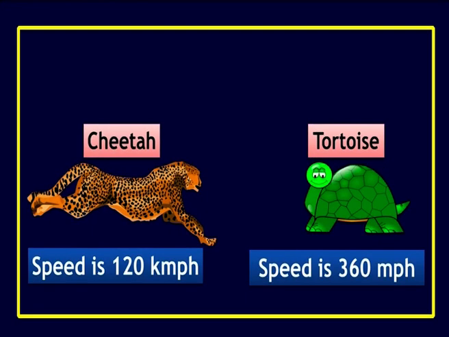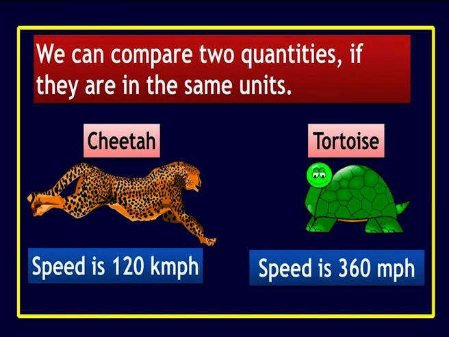Now can we compare these two quantities? No. Why can we not compare these two quantities? The reason is both are in different units. If you notice, the speed of the cheetah is 120 kilometers per hour, whereas the speed of the tortoise is 360 meters per hour. Since these two are different units, we cannot compare them.